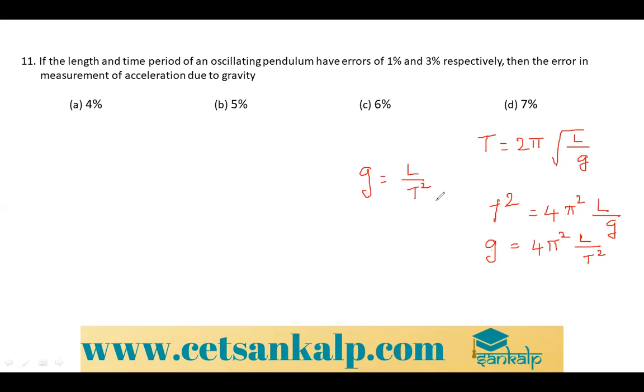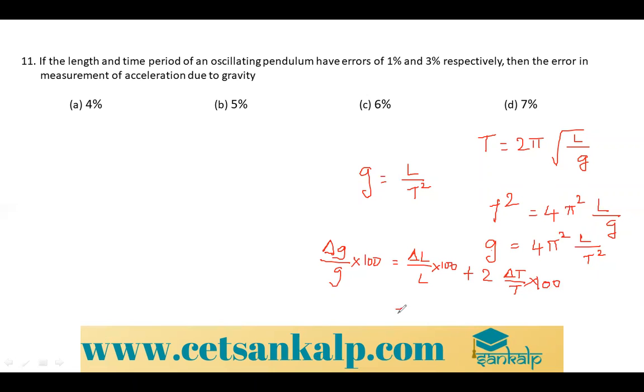It is in the division term. So first I want to find delta g by g into 100, because what they have asked is the percentage error, which is equal to delta L by L into 100 plus, since there is a power, 2 into delta T by T into 100.